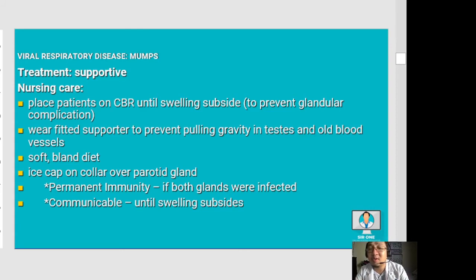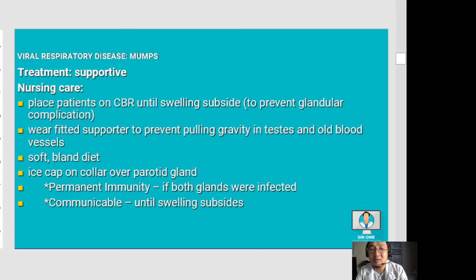Wear a fitted supporter to prevent pooling by gravity in the testes and hold blood vessels away from the testes, especially if the patient is male, since they are prone to orchitis, or inflammation of the testes. The diet is soft and bland. Apply an ice cap on the collar over the parotid gland to relieve pain.